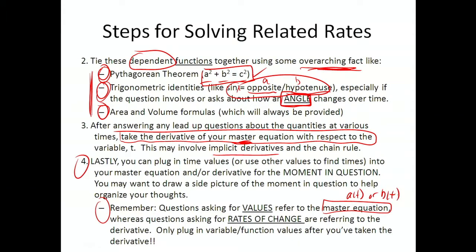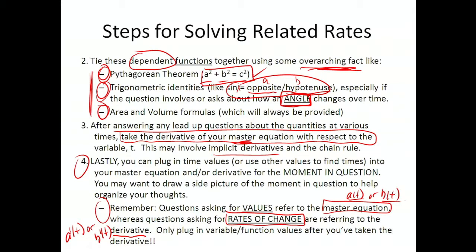But questions asking you about how something is changing are referring to derivatives, things like A prime or B prime. So any information that's talking about rates, or asking you about rates, is referring to the derivatives of these quantities that are probably in your master equation.